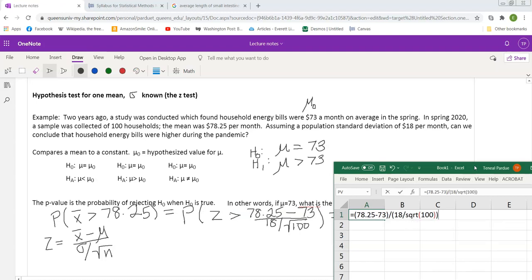If you want to do this in Excel, I'll show you the full steps. You don't have to use Excel, you can use any calculator you want. So that is 2.91667. So we'll round that to 2.92.